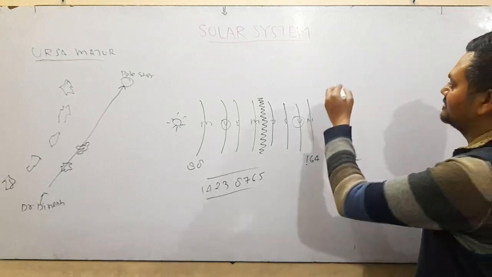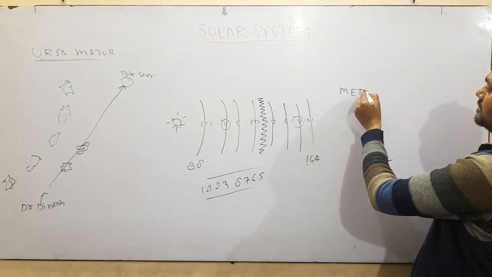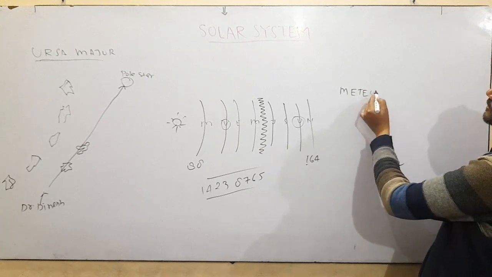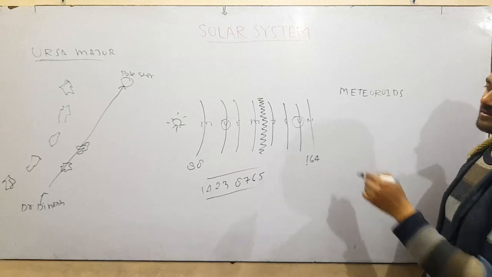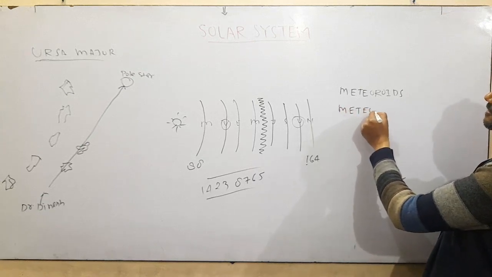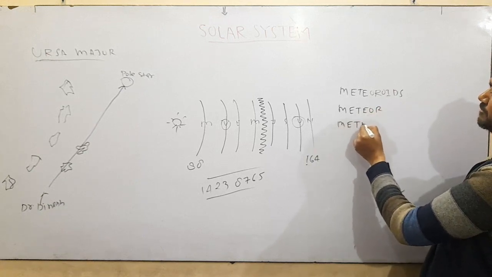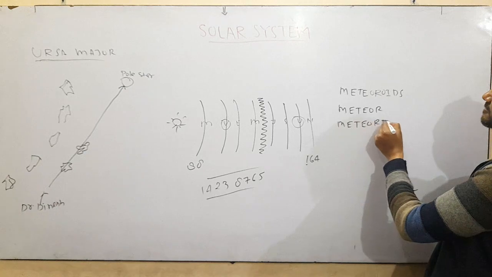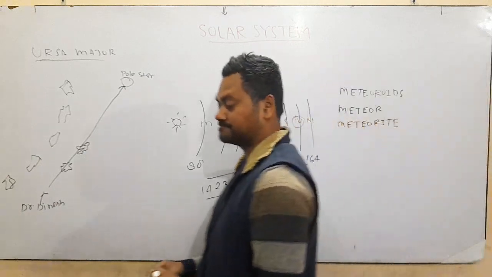The first is meteoroids. The second is meteor, and the third one is meteorite, and asteroid is also there.